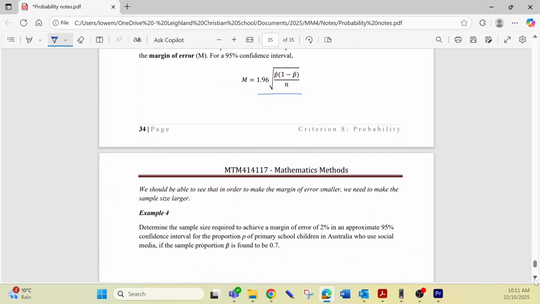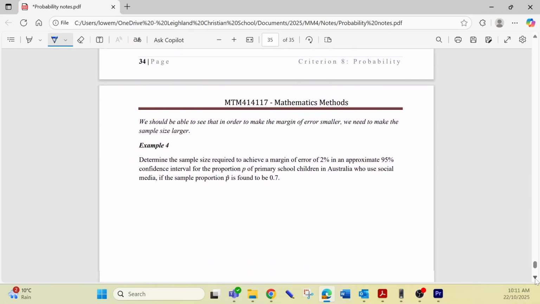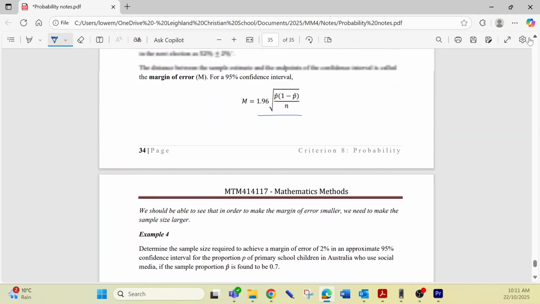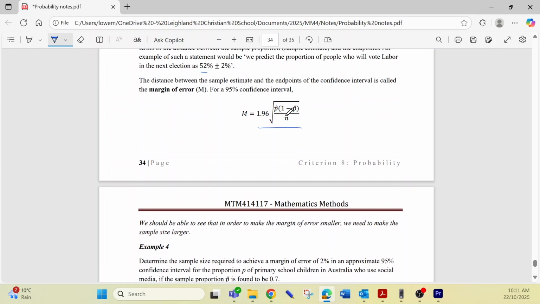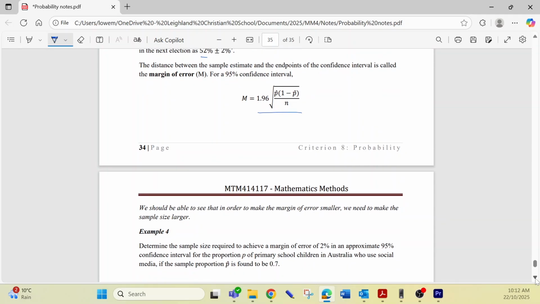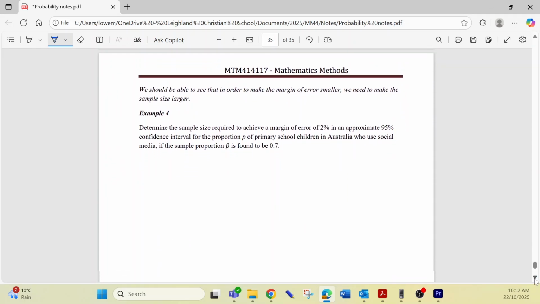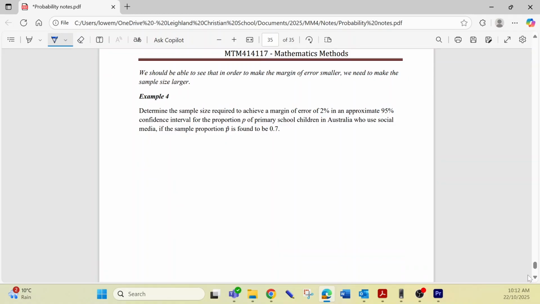So we should be able to see that in order to make the margin of error smaller, we need to make the sample size larger. Going back, as our n gets bigger, this fraction gets smaller, which means the overall value for the margin of error will be smaller. That's really the governing factor for our confidence intervals and our margin of error.